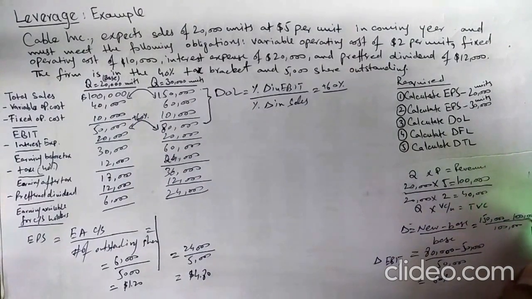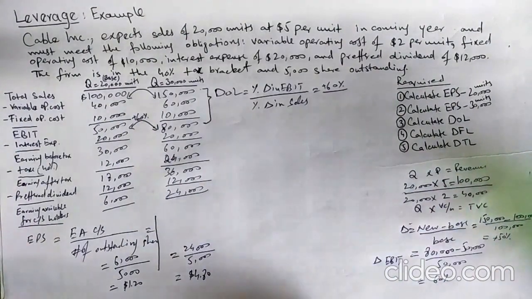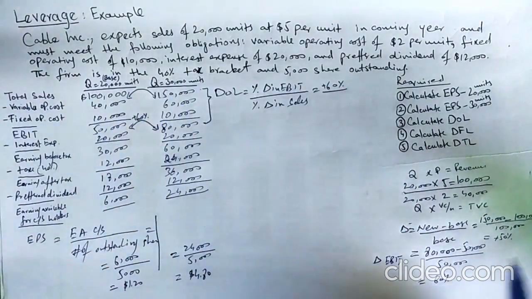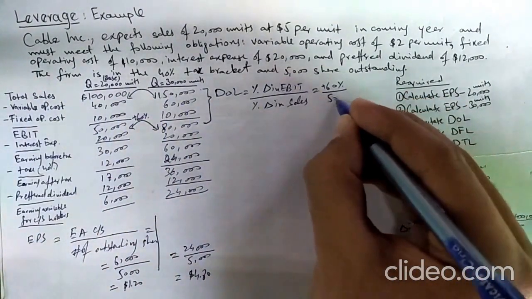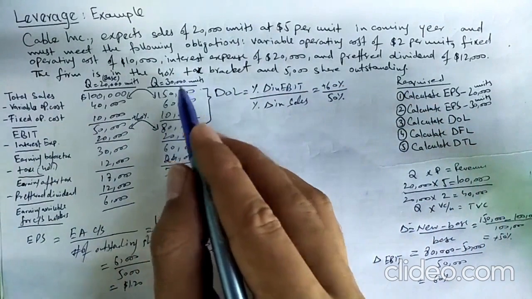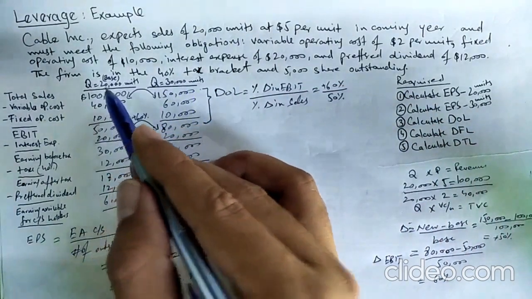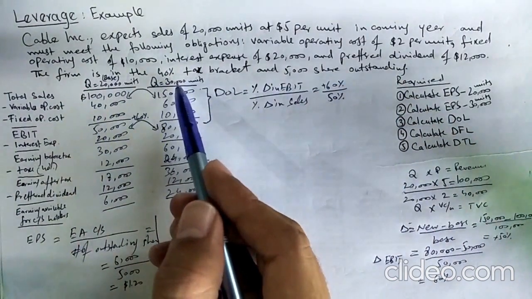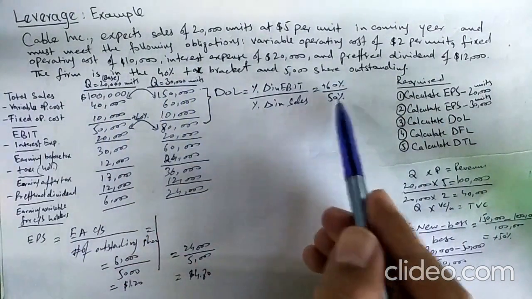So the answer is plus 50%. So from base sale to new sale, the change is equal to 50%. If our sale increases from 20,000 to 30,000 units, in percentage form this is 50%.